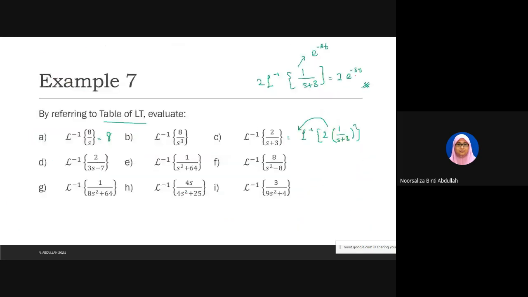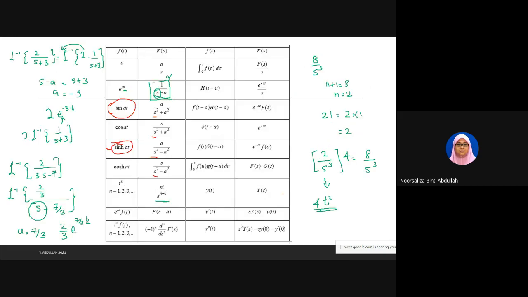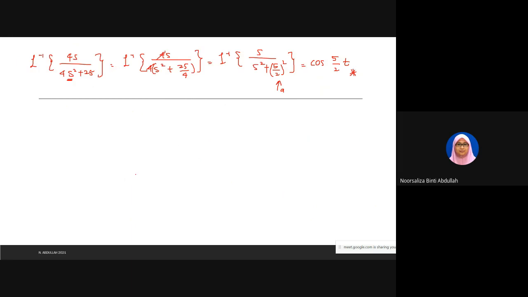Okay, last example for this one is you want to find the inverse of 3 over 9 s square plus 4. Okay, macam biasa. This part you have to modify so that you just have s here.